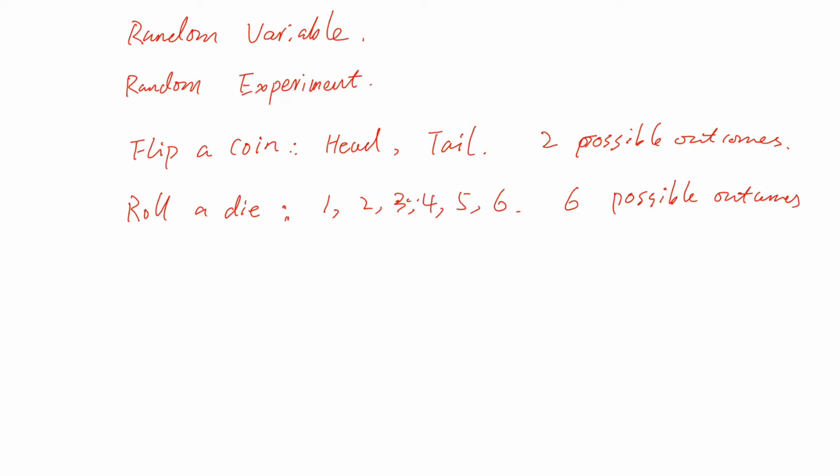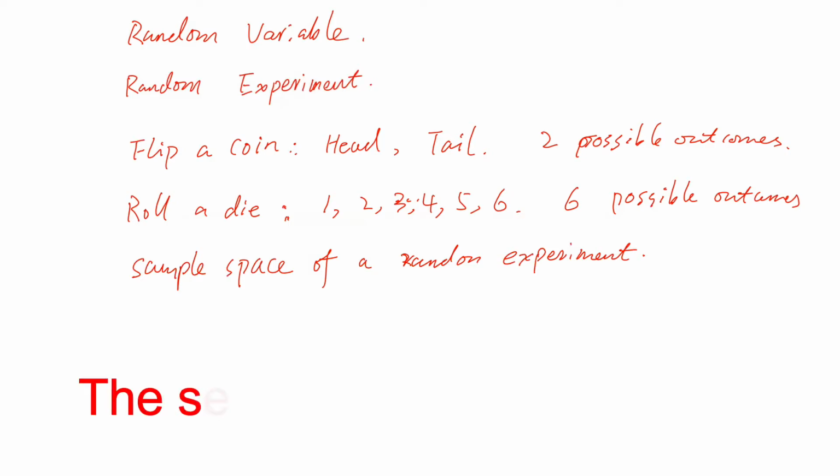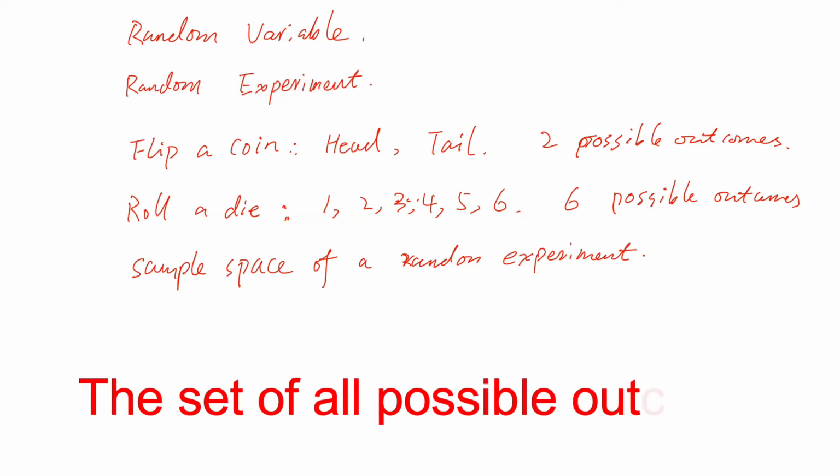Now, for a random experiment, we have another concept, so-called the sample space of a random experiment. So what is a sample space of a random experiment? Now, by definition, the sample space is the set of all possible outcomes.